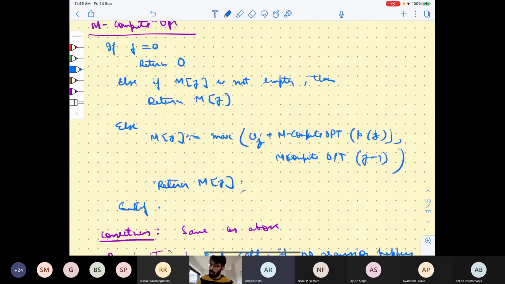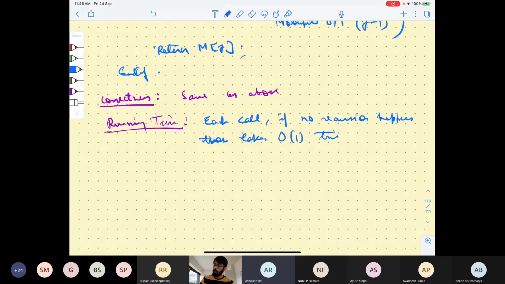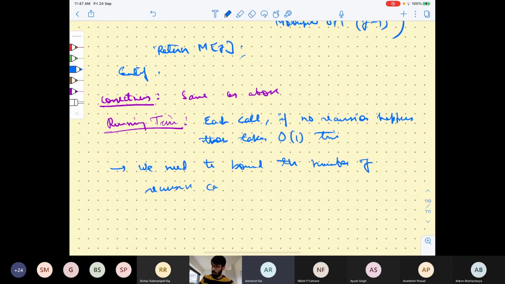Why? Then we are just looking at the value of M[j] and returning it, right? So basically, we need to bound the number of recursive calls. And how can we bound the number of recursive calls?